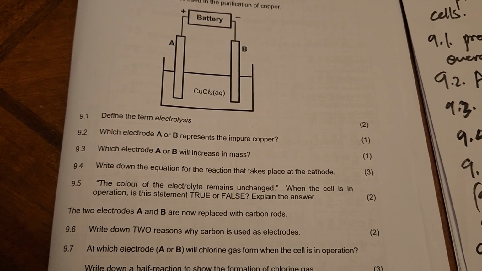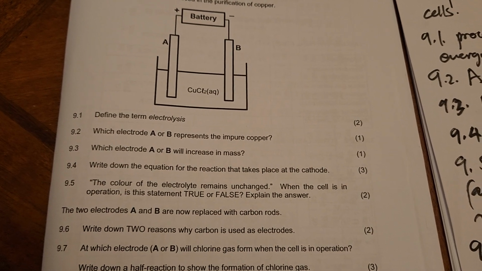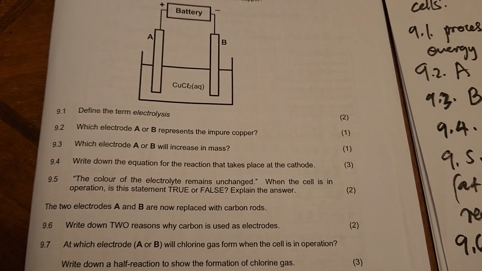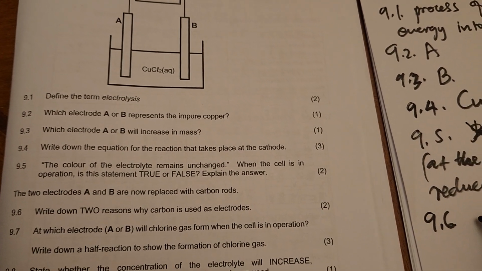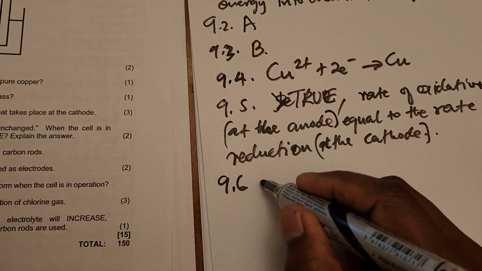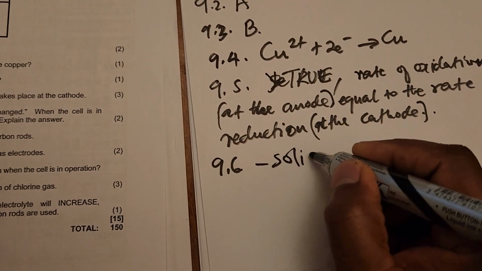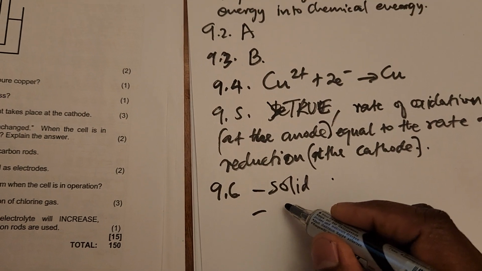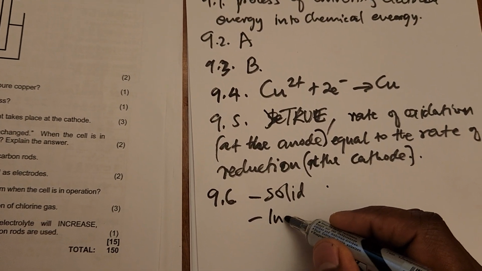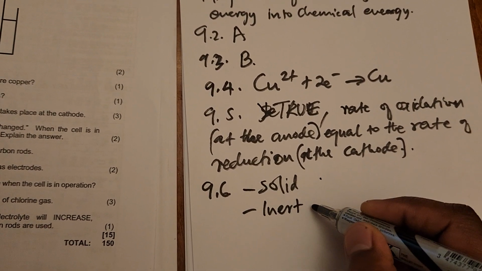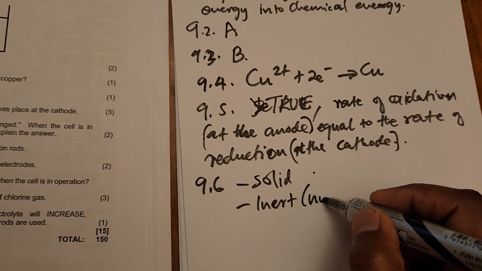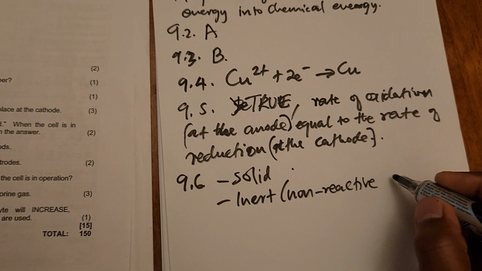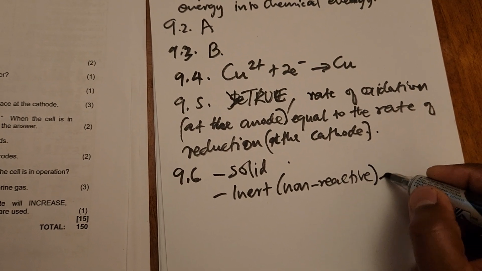Now write down two reasons why carbon is used as an electrode. We already said it's a solid, yes, electrodes are normally solids. And the second one will be carbon electrodes are used because they are not reactive. They are inert, non-reactive electrodes.